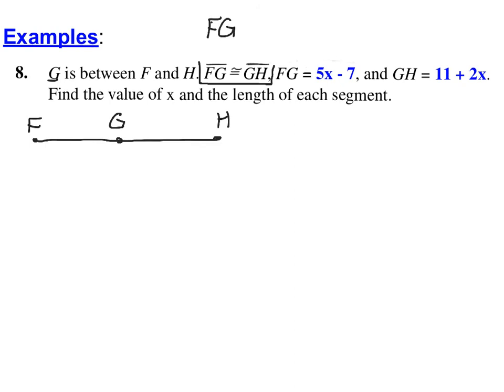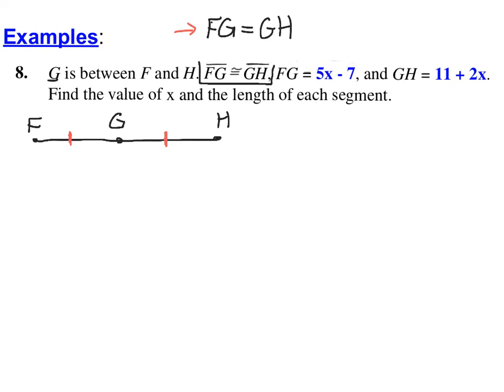So in other words, their lengths are going to be equal. So whatever FG is, it's going to be equal to GH. Now, to show that in my picture, what you can add is a little tick mark. So I'll put a little tick mark on FG and a little tick mark on GH. Automatically, that tells me that the two are equal in length.